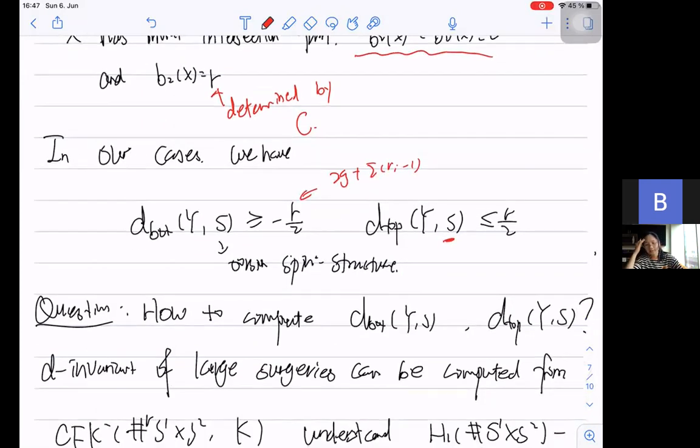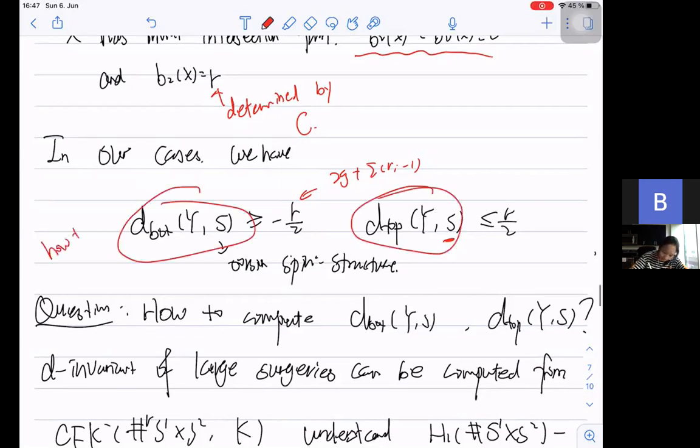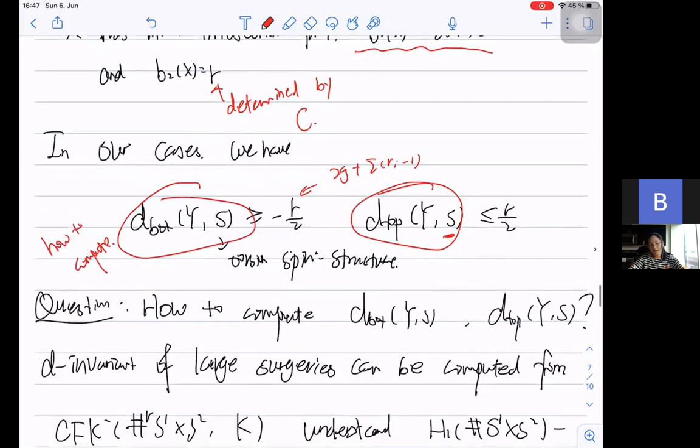However, the last piece we need to figure out in order to prove the main theorem is the computation of the top and the bottom. So how to compute these terms? Just to recall, the right-hand side of this inequality depends on the topological information of this curve, and the left-hand side is the d-invariant, which comes from Heegaard Floer homology.